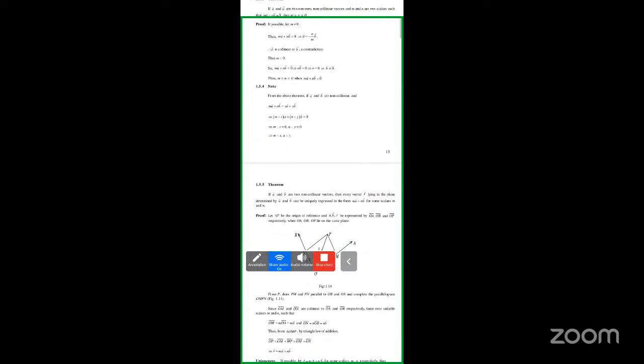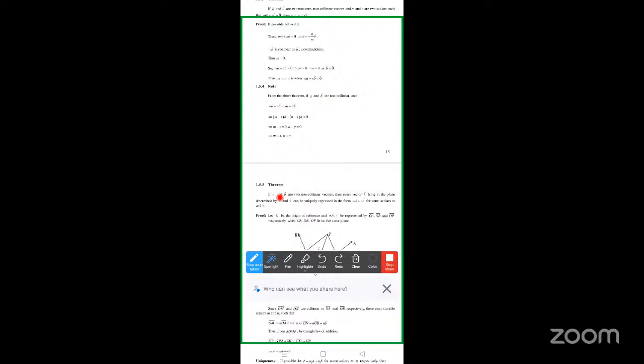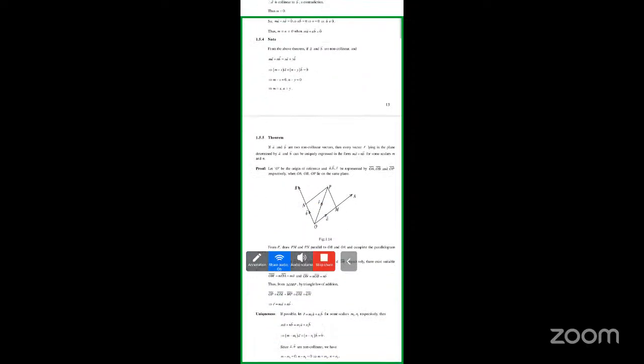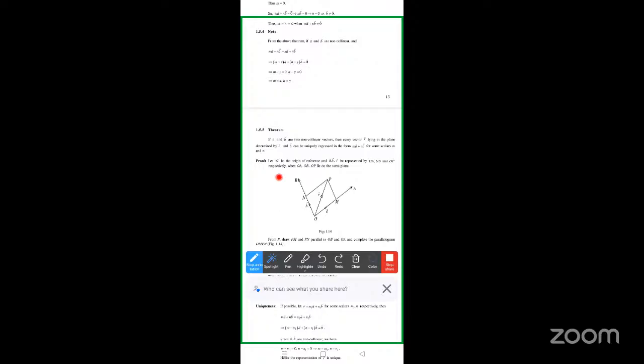So next theorem. If A bar and B bar are two non-collinear vectors, then every vector lying in the same plane determined by A and B can be uniquely expressed in the form M A bar plus N B bar for some scalars M and N. So let O be the origin, and the position vectors of A, B, P be represented by OA, OB and OP respectively.